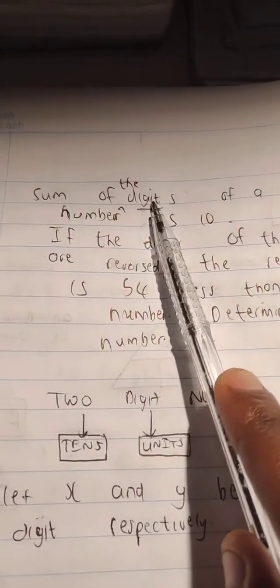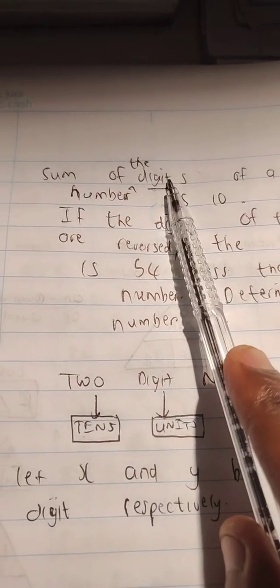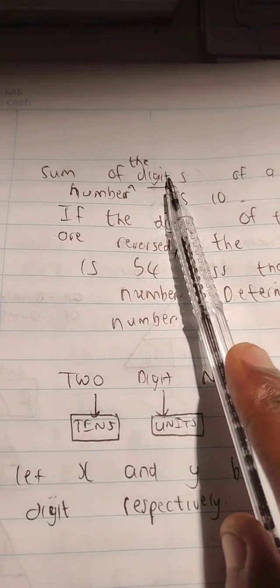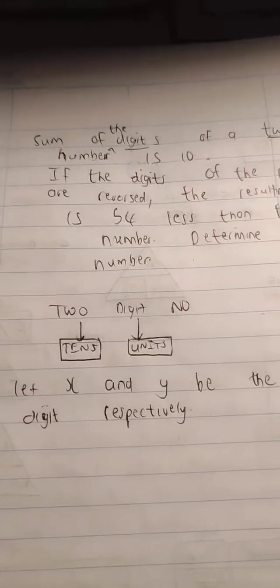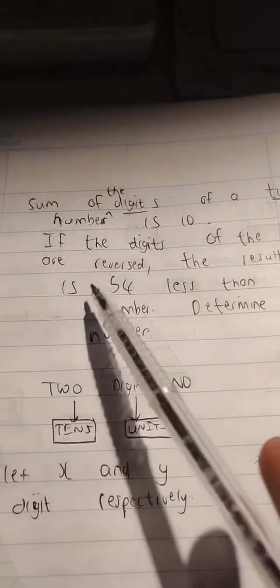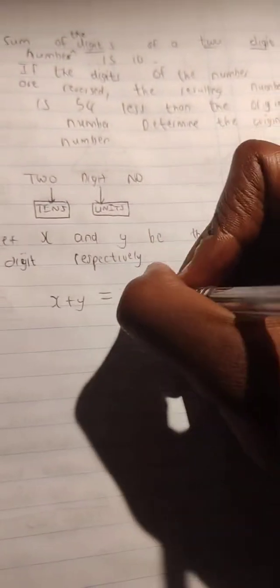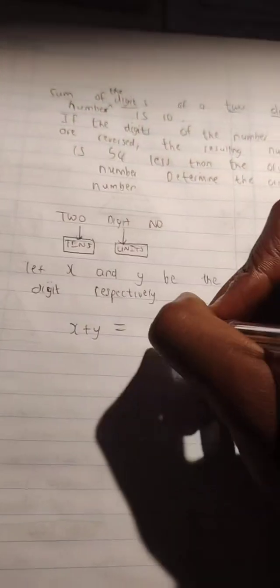The sum. Okay, so once again, I'm glad you understand. Now the sum of the digits of a 2-digit number is 10. So in other words, they are saying x plus y is equal to 10.